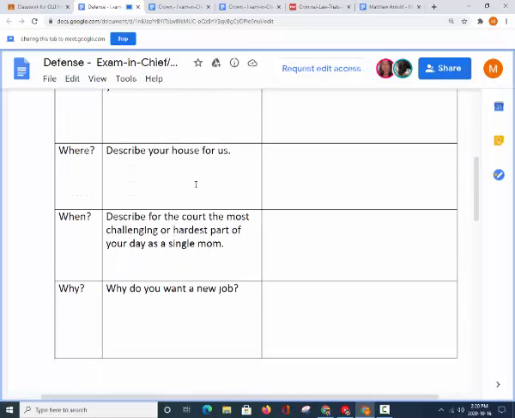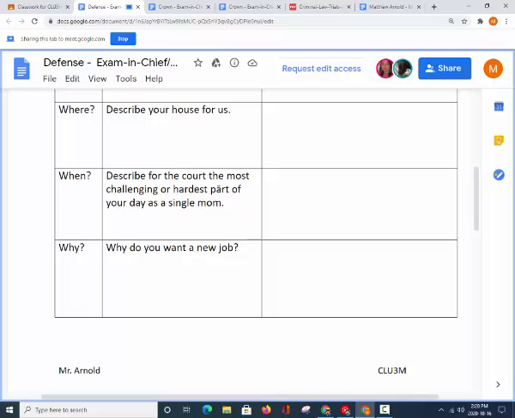So we talk about her house, and she can talk about how proud she is about her house. She can talk about how hard it is. We don't see that there's any sort of partner in this relationship, so she might be, and is probably, a single mom. And she might be working to get a new job so she can afford more.